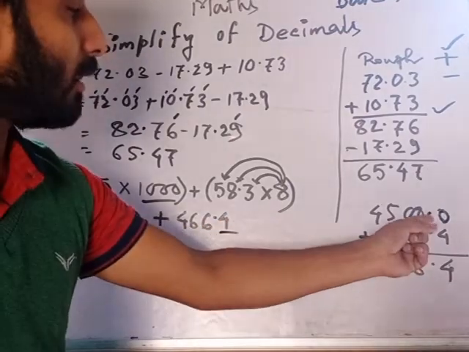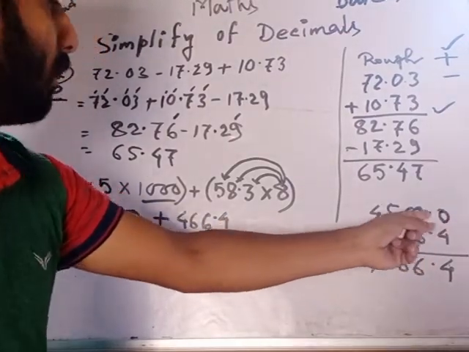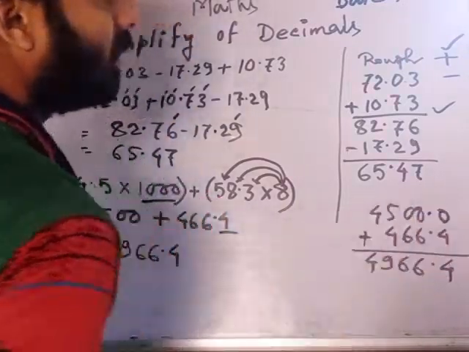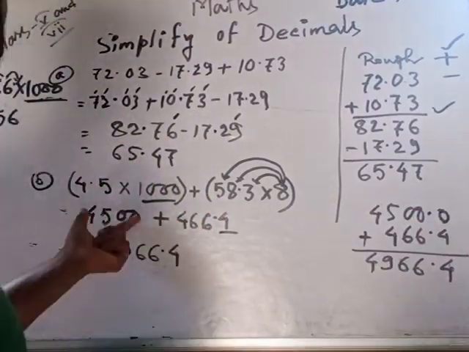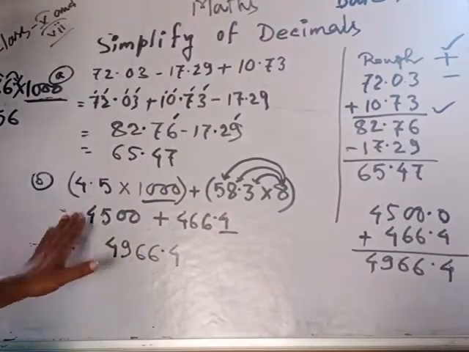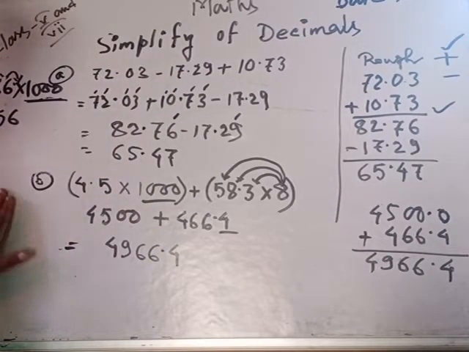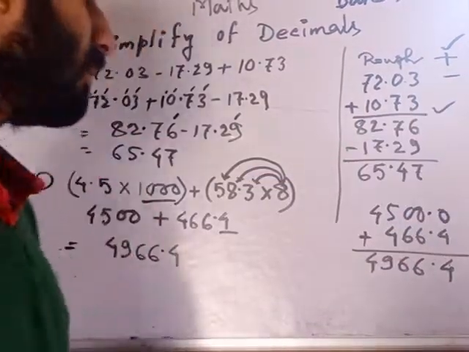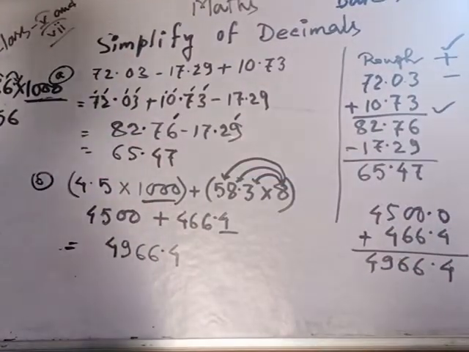If no digit is there after the point, we should also write 0, because this is like decimals. This one is called like decimals. If the point is not there on that side, the point goes at the last, and after the point you should write 0 if needed.